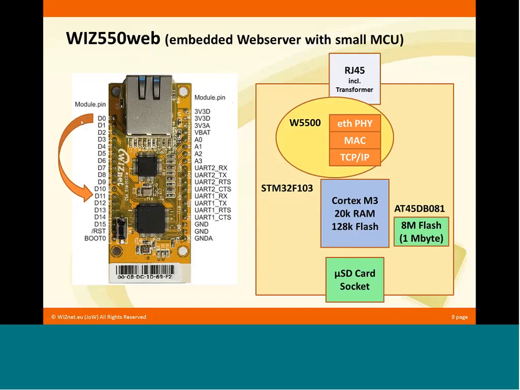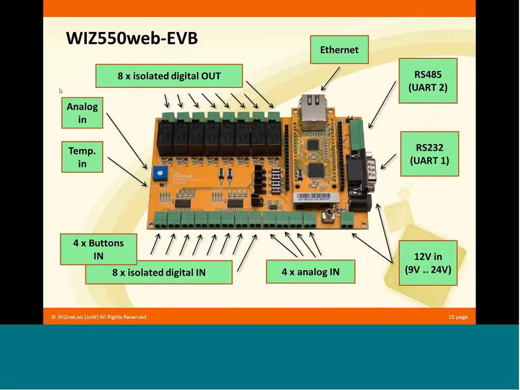If we toggle this pin, which we connected to D11, just random, then you can immediately see that the level on this pin is toggled, and we can read out the status via web page, because it's a web server. We can do it also as a machine-to-machine protocol without human interface. It's possible.